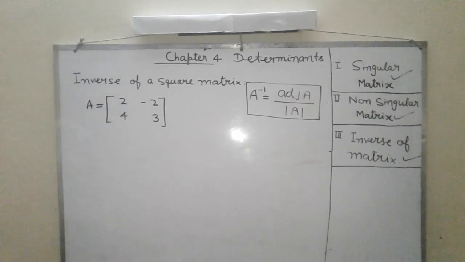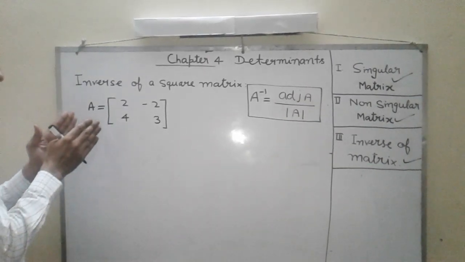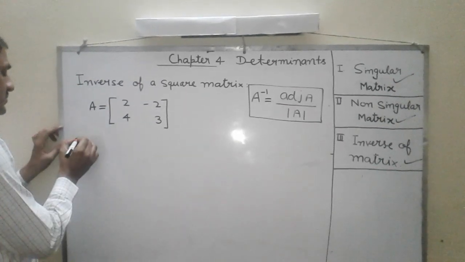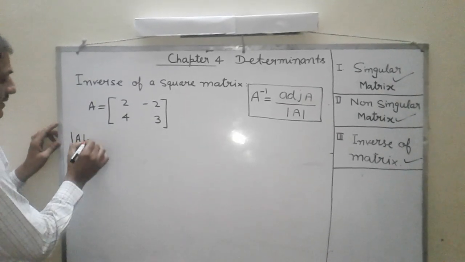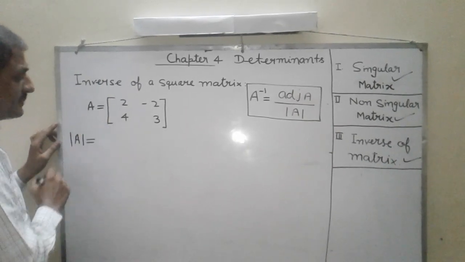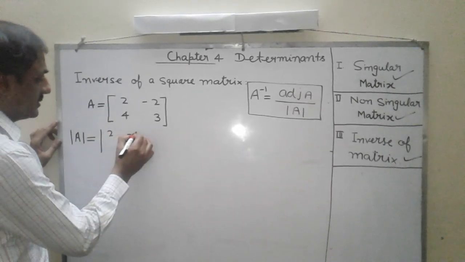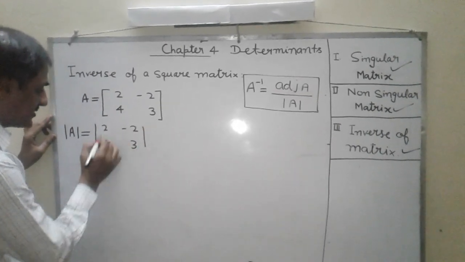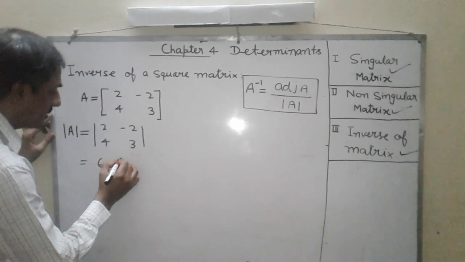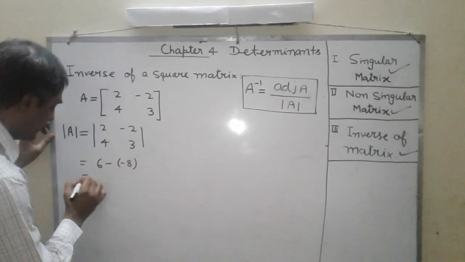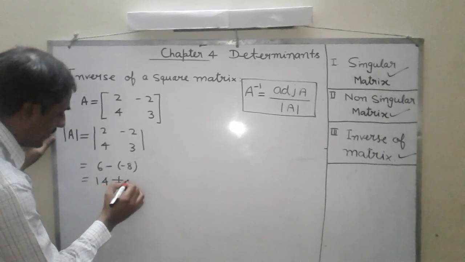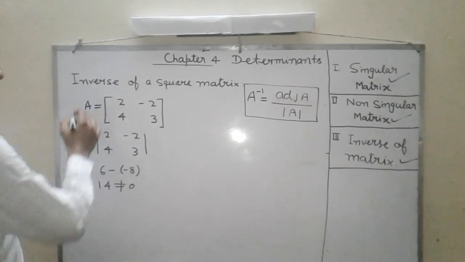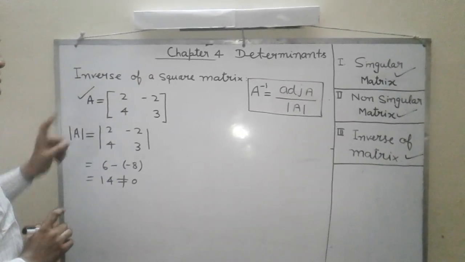First of all, we will find the value of the determinant of the given matrix. The value of the determinant is 3 times 2 is 6, minus minus 8, which is equal to 14. The value of the determinant is not equal to 0. It means we can find the inverse of this square matrix.